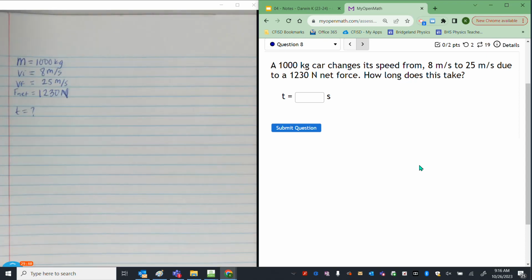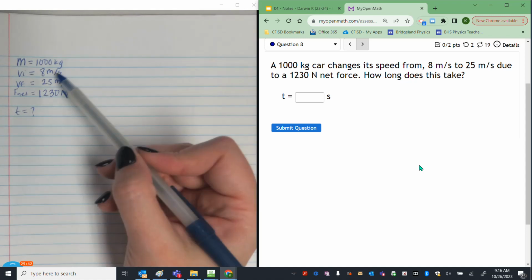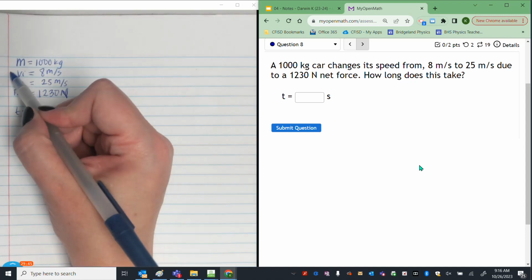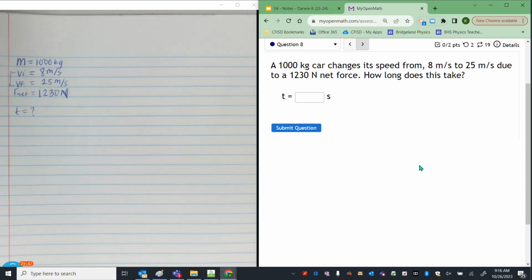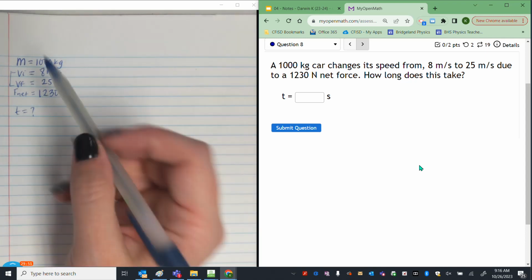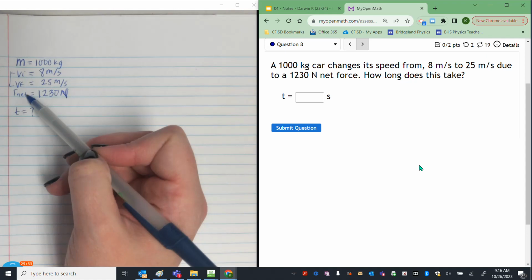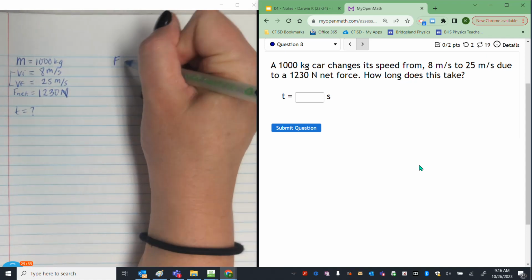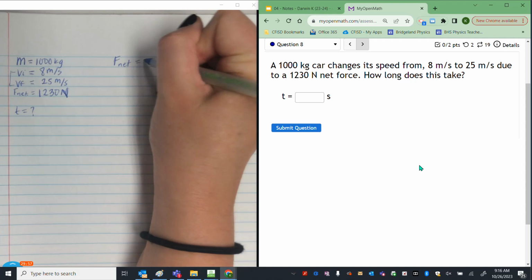So from this information, I only know two variables that fall into my kinematics equations, and so that's not actually enough to use any of those formulas. However, I do know mass and net force. That is enough to use this equation. So although we're not trying to solve for acceleration, we're going to start there.